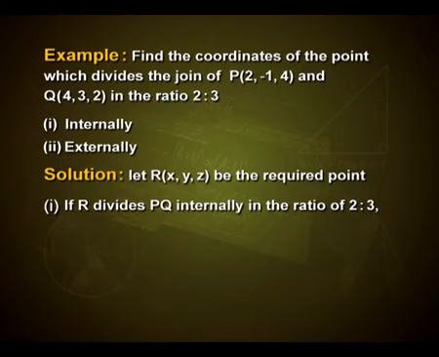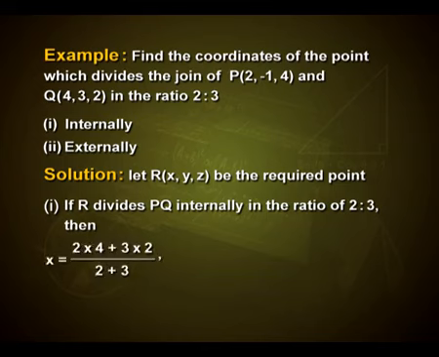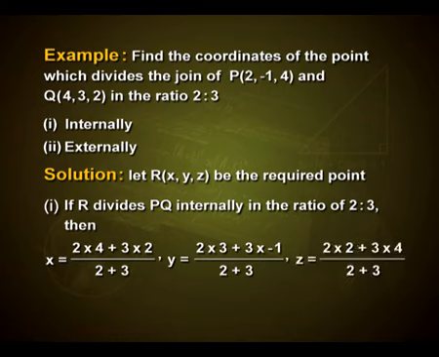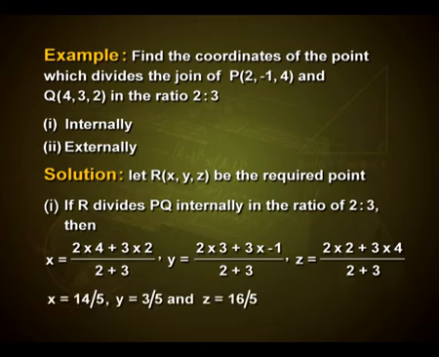Now, let R (x, y, z) be the required point. If R divides PQ internally in the ratio 2 is to 3, then by using our section formula, we can obtain the coordinates of x as (2 into 4 plus 3 into 2) upon (2 plus 3), y coordinate as (2 into 3 plus 3 into negative 1) upon (2 plus 3), and z coordinate as (2 into 2 plus 3 into 4) upon (2 plus 3), which on simplification gives us the value of x as 14 upon 5 and y as 3 upon 5 and z is equal to 16 upon 5.